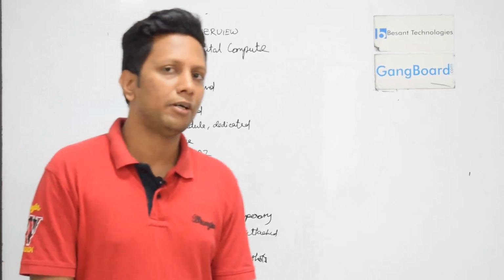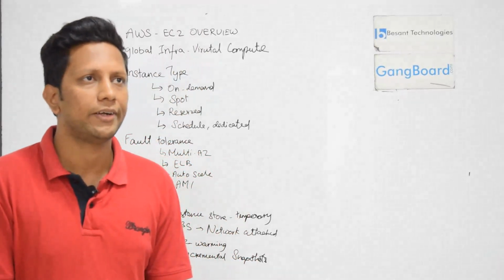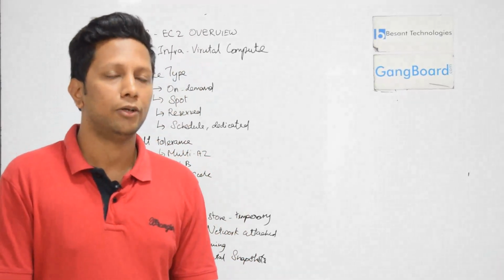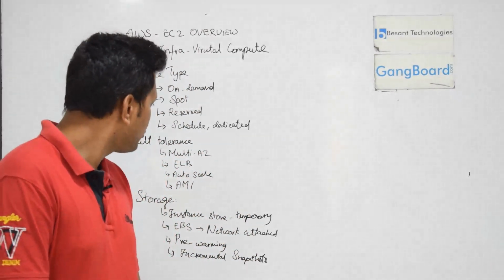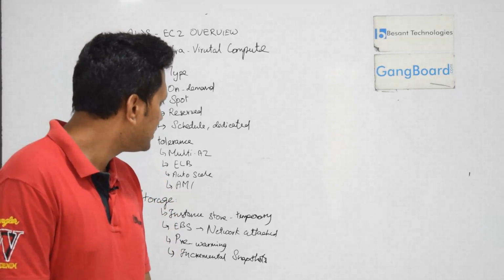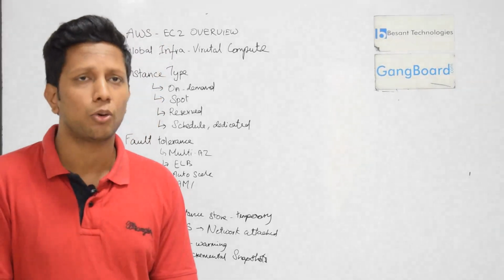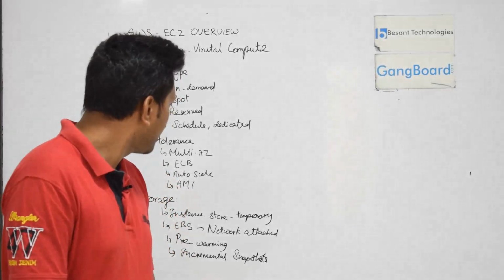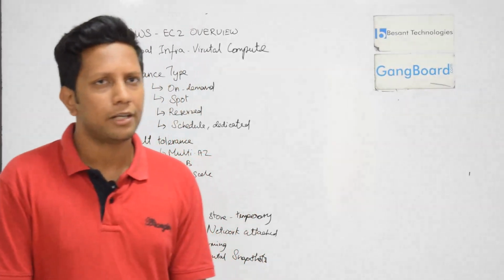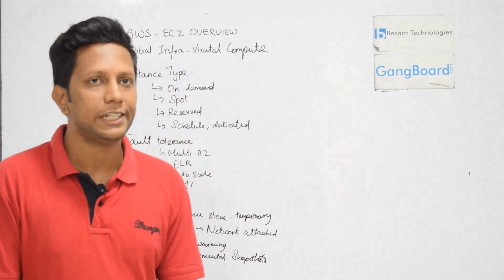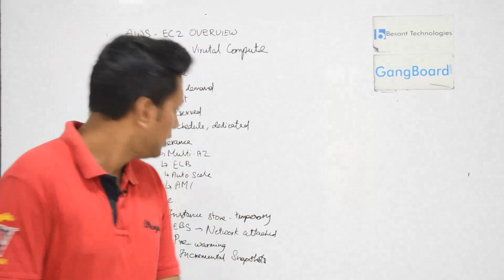So it's not really recommended when you are setting up real-time infrastructure. People always prefer EBS because it's a network attached storage where you can store the data. It persists permanently. Even if you terminate or stop your EC2 instance, you can get the data.